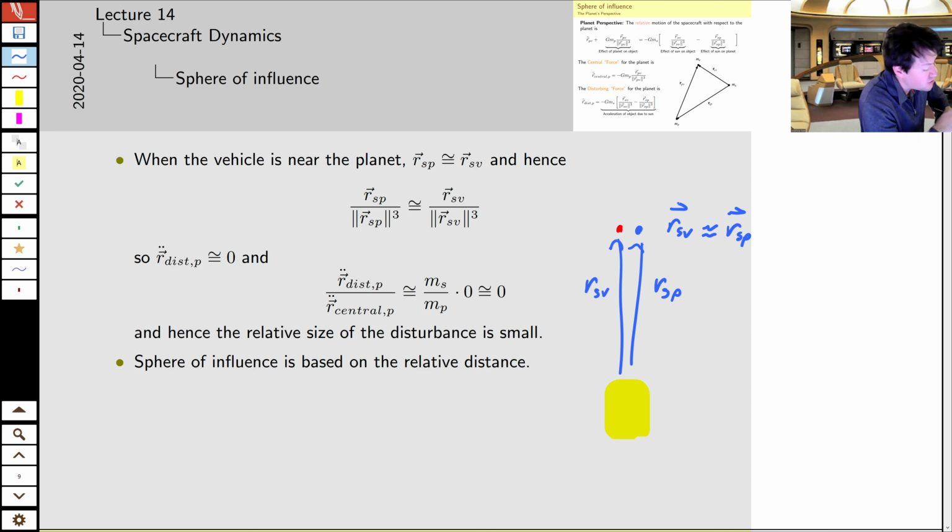And so the disturbing motions cancel out, and we get this zero term here. So when the objects are next to each other, the disturbing force is not significant. The Keplerian motion looks pretty Keplerian.